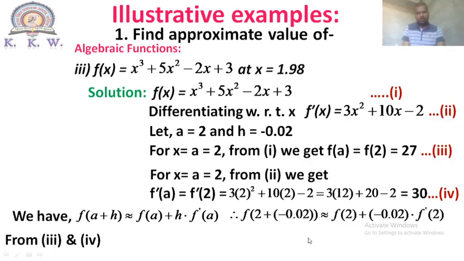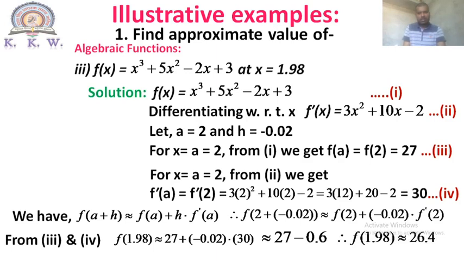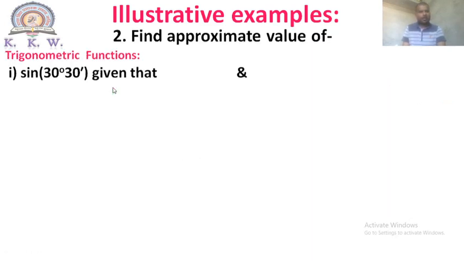By putting this value, we will get f of 1.98 approximately equal to 27 minus 0.6, that is f of 1.98 approximately equal to 26.4. Therefore, the approximate value of f of x is equal to x cube plus 5x square minus 2x plus 3 at x is equal to 1.98 is 26.4. Next is we'll see approximate value of trigonometric function.